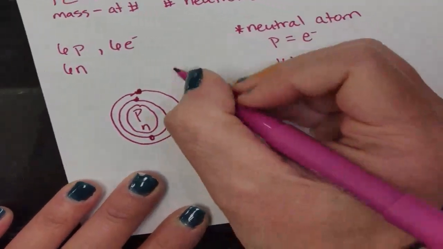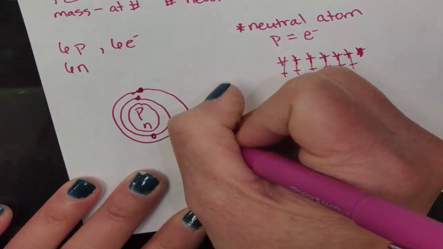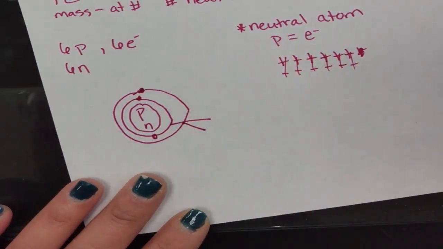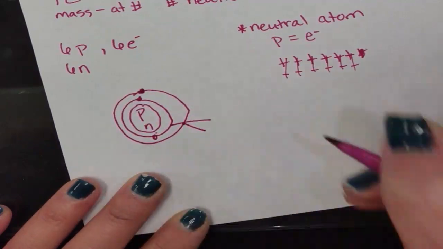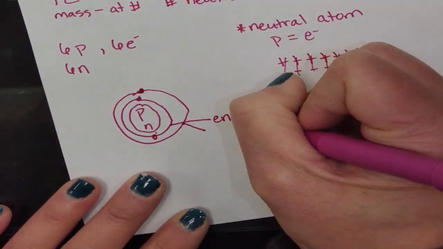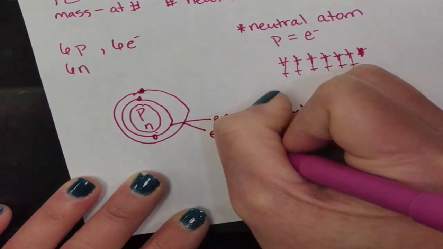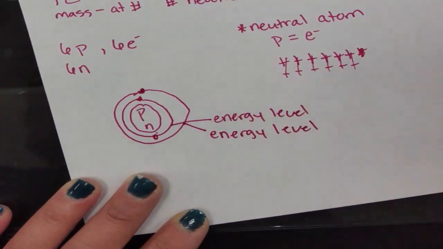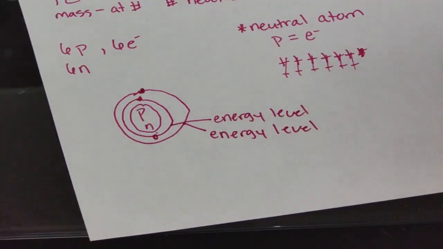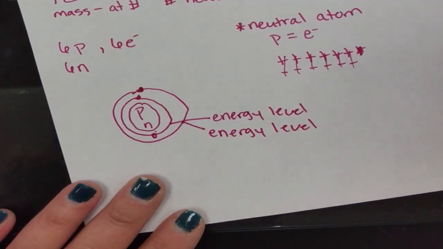Now, each one of these lines that I drew, these circles, each circle is an energy level. And that's a specific location, like a step. If you were standing on a step, it's a specific location where electrons are found.